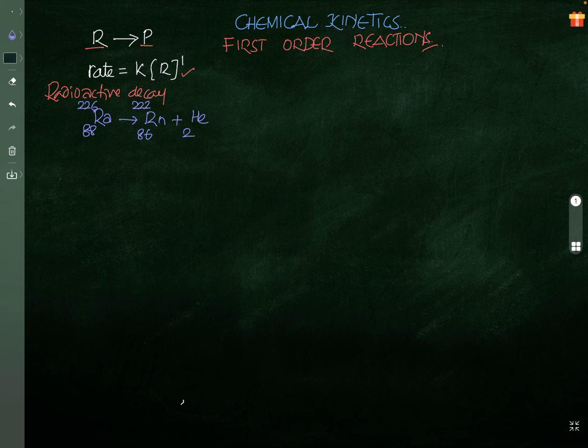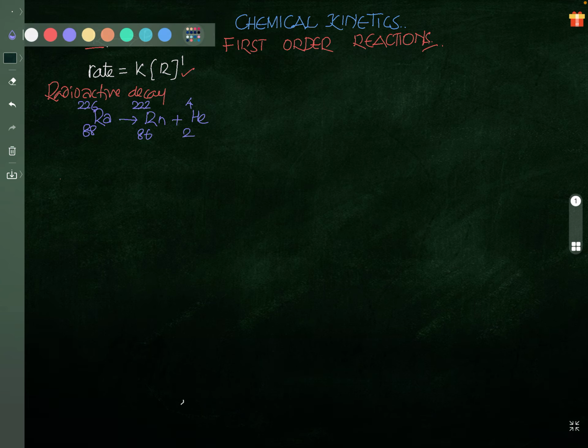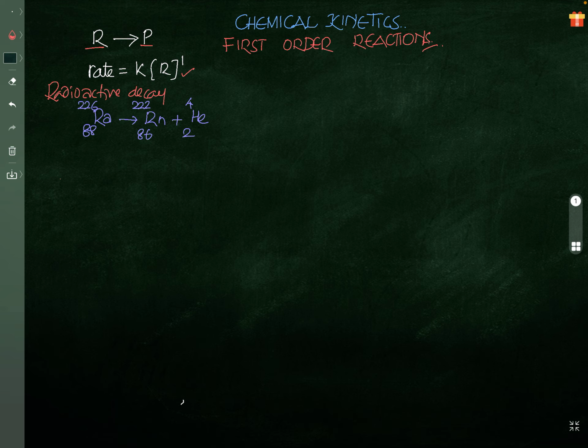I think you remember this reaction because the speciality of this reaction is you are getting two noble gases. Radon is a noble gas and helium is a noble gas. You need to remember, right? So this is a first order reaction. So you can write rate is equal to K into concentration of radium to the power 1.